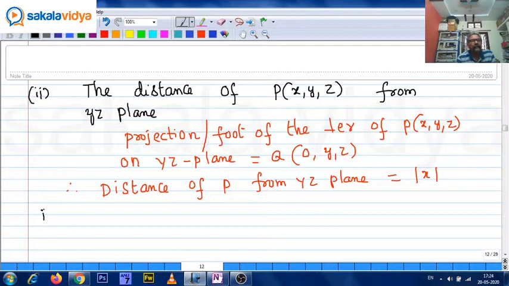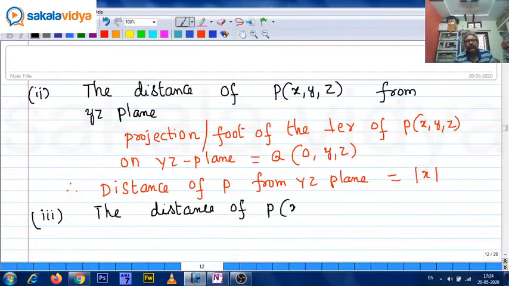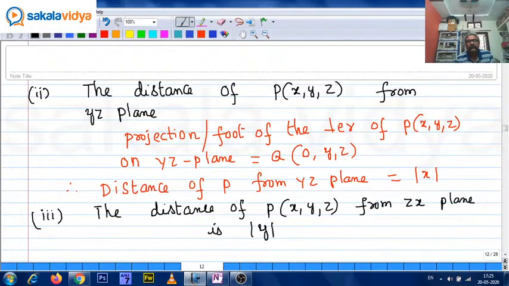Now the third point: the distance of P(x, y, z) from the zx plane is how much? The zx plane means mod y. Am I correct? Mod y, mod x and mod z.